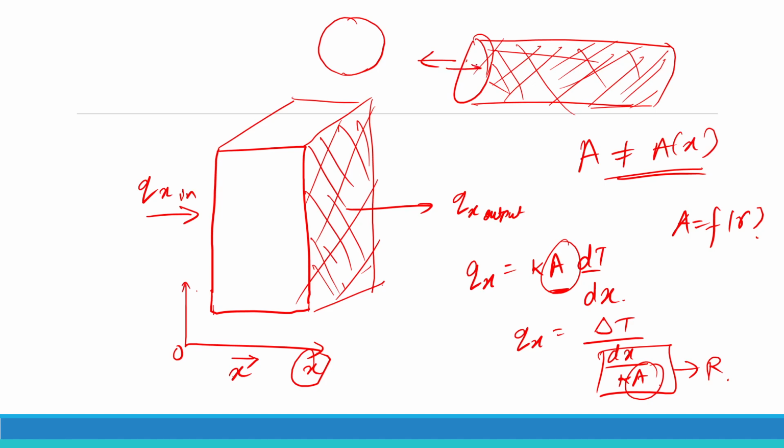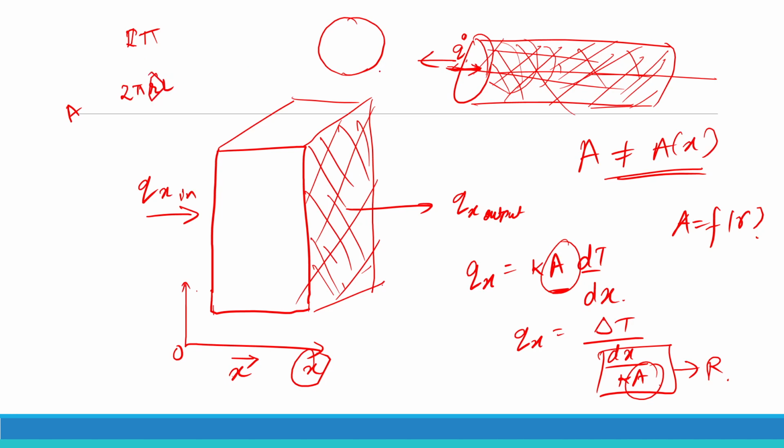Let's consider this is my Q. If heat is being generated through a wire passing within the cylinder, then the heat conduction area will be 2 pi RL. So this area is a function of R.